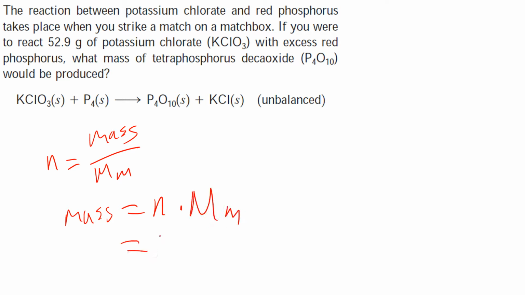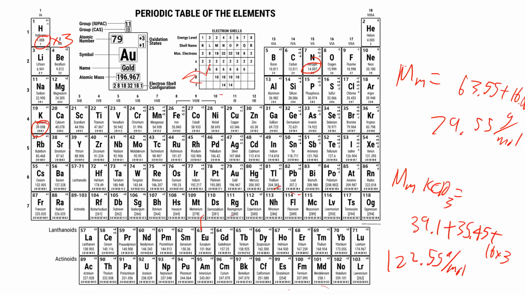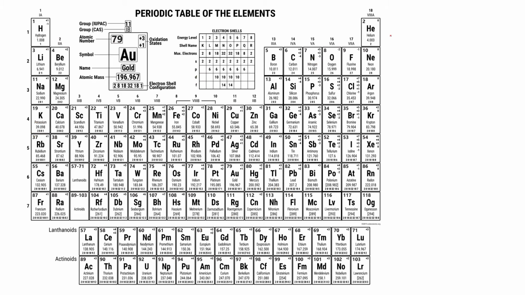We know the moles of our tetraphosphorus decoxide is 0.130, and we multiply that by the molar mass. Well, we got to figure out the molar mass of tetraphosphorus decoxide. So let's go back. I'm going to erase this. Molar mass is equal to, okay, tetraphosphorus decoxide.